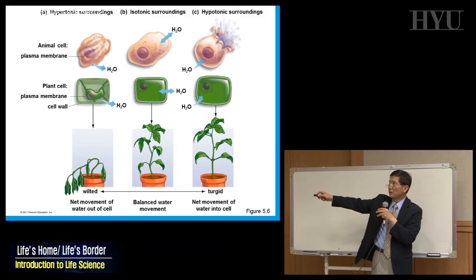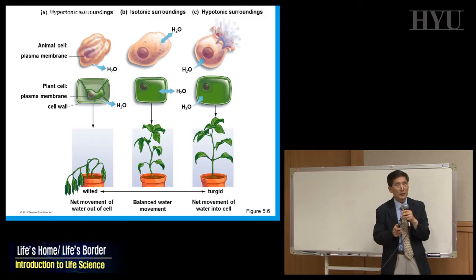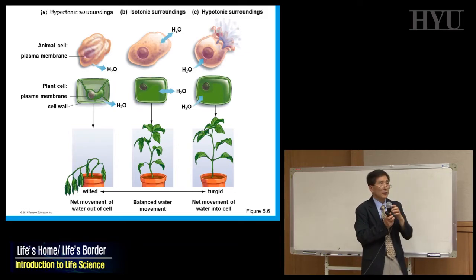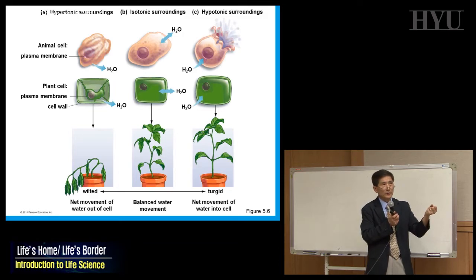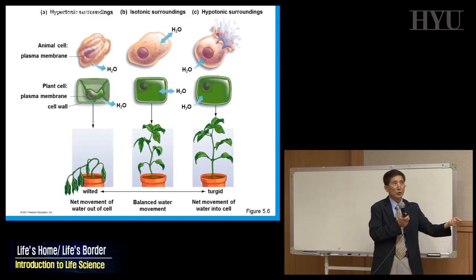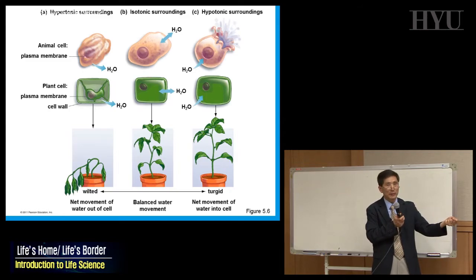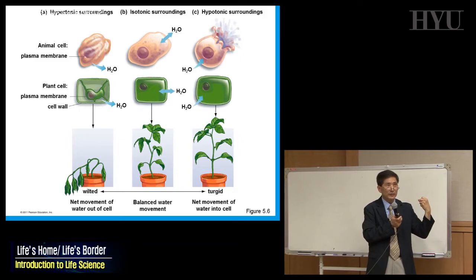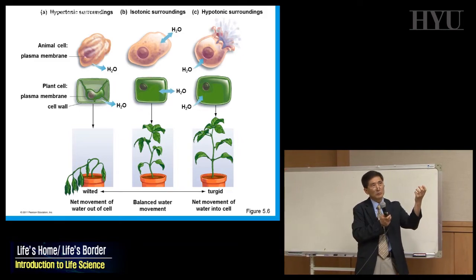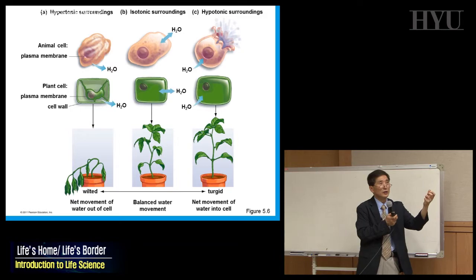But if you put them in a hypertonic solution, think about making kimchi. You put cabbage into what? Salt solution, right? What happens? All the water comes out of the cell and the vegetable will shrink, right?